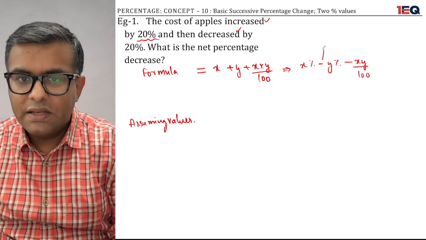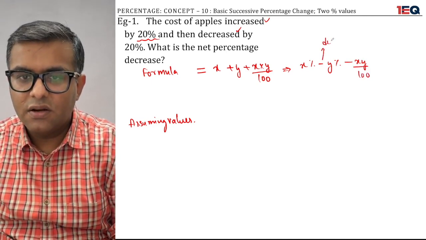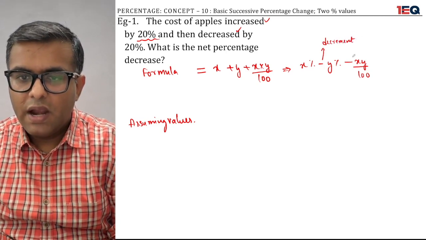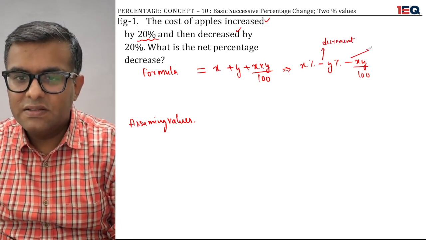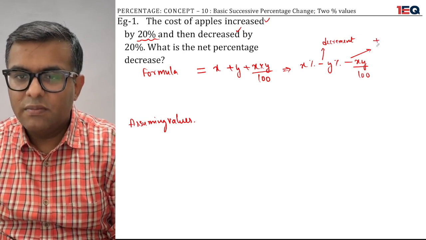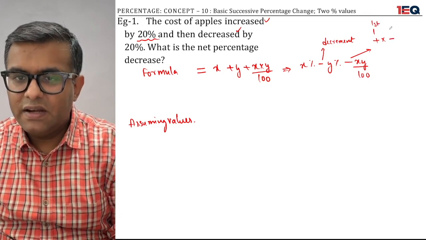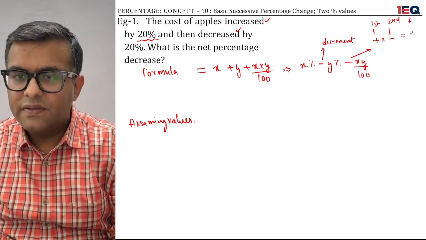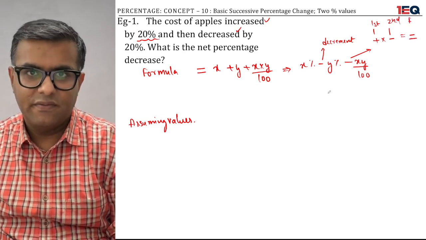The minus sign is here because there is a decrement, and the minus xy sign is there because the first increment multiplied by the second decrement gives the final answer to be a negative.